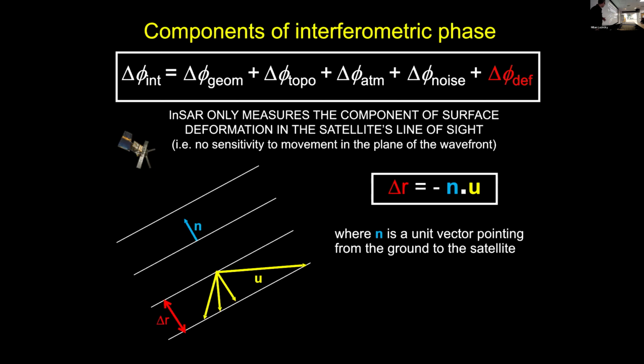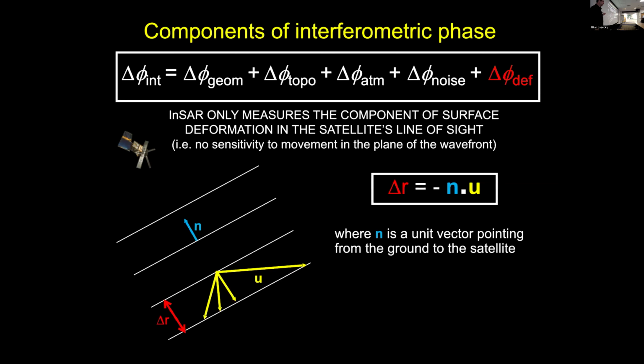And it's a simple dot product, if you like. So the range change is basically if you have a unit vector pointing from the ground to the satellite, or the other way around, then you do the dot product with the 3D displacement vector to give you the range change.